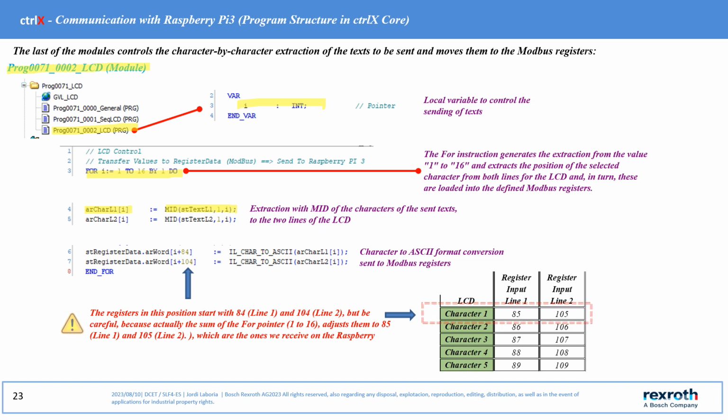If you look at the number in the Modbus register used, they start with 84 and 104, and although this is correct, the sum of the variable a of the FOR instruction adjusts the value to the registers that we had previously defined, starting line 1 in register 85 and line 2 in register 105.